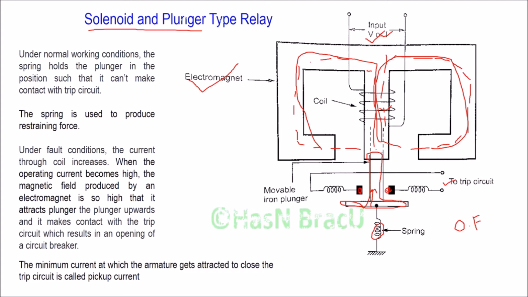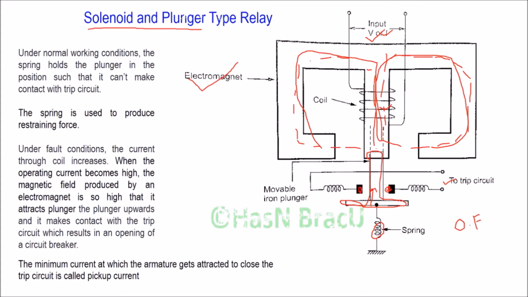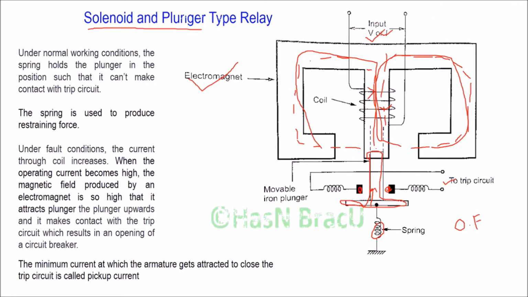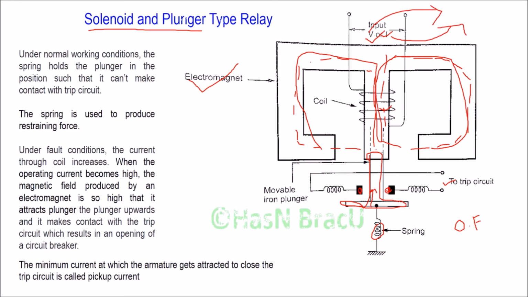Under normal operating condition, the value of operating current flowing through this coil is very low and magnetic field is generated in the electromagnet due to this low current. The strength of magnetic field generated, or magnetic force you can say, is proportional to the amount of current through the coil.